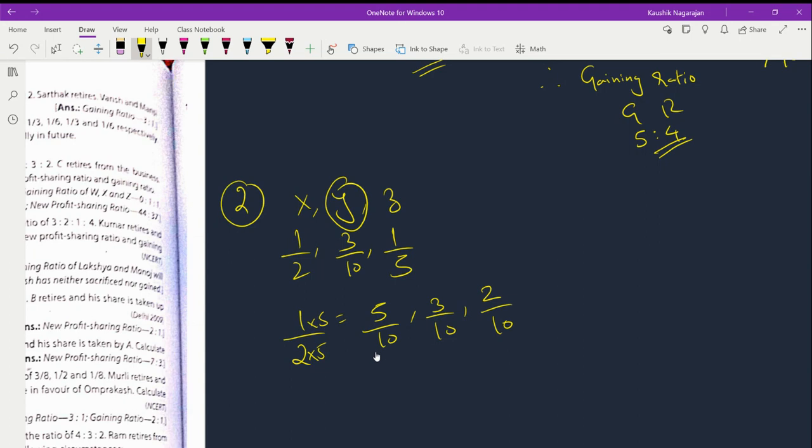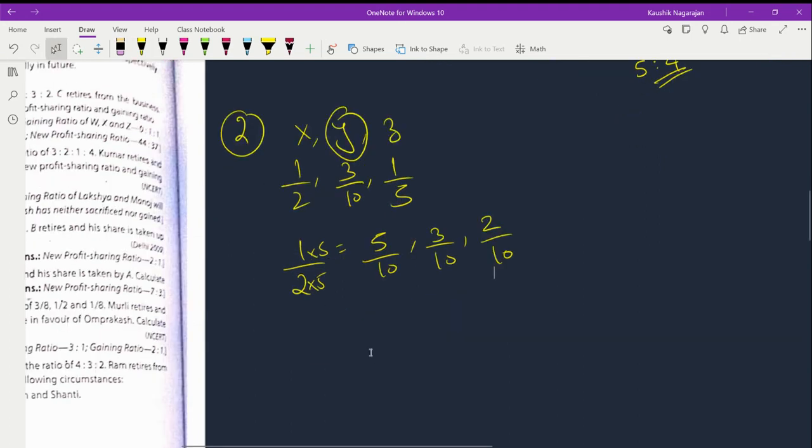Now the new profit sharing ratio is being asked between the continuing partners X and Z. So the NPSR is going to be 5 is to 2 because the partner Y is getting out of the business.